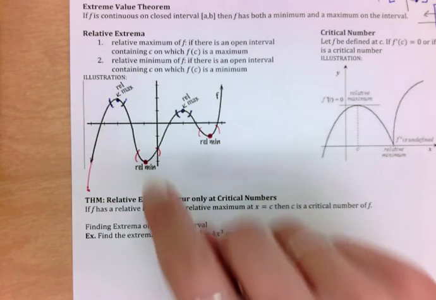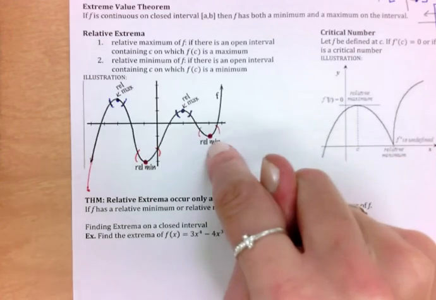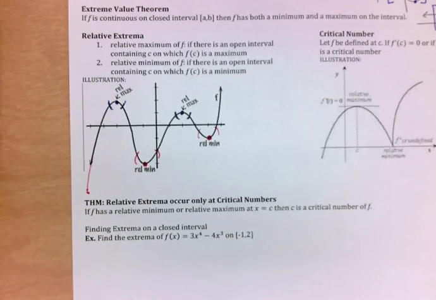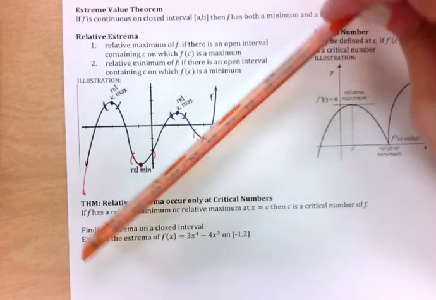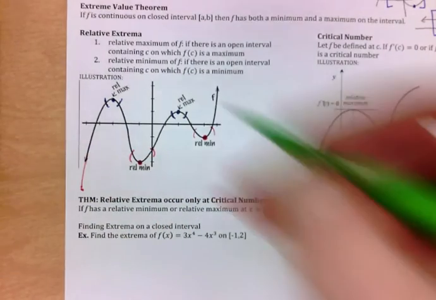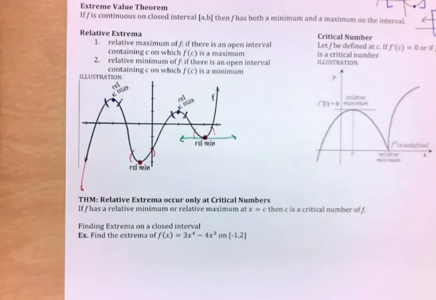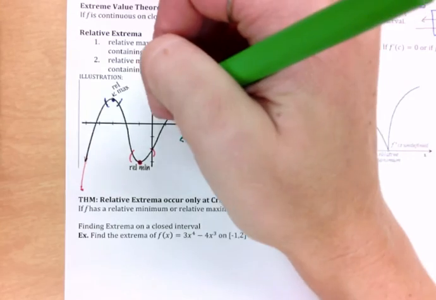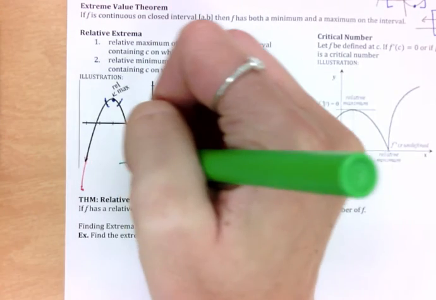If we're trying to find these points, they all have something in common: the slope of their tangent is always 0. It's negative, negative, and then this is 0. That tangent line there has slope 0. Same with up here: the slope of that tangent line is 0. It's true for these others as well.